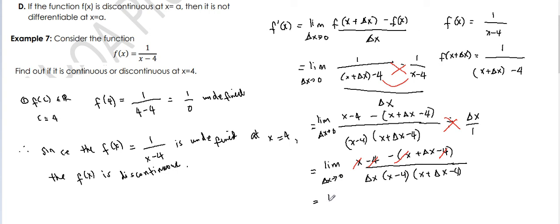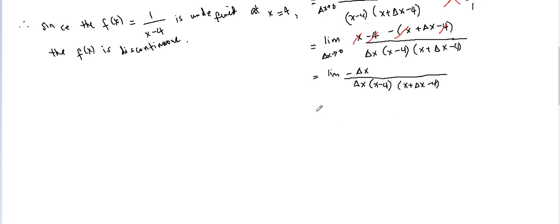So we have the limit negative delta x over delta x times the quantity x minus 4 times the quantity x plus delta x minus 4. Okay. As delta x approaches to 0.